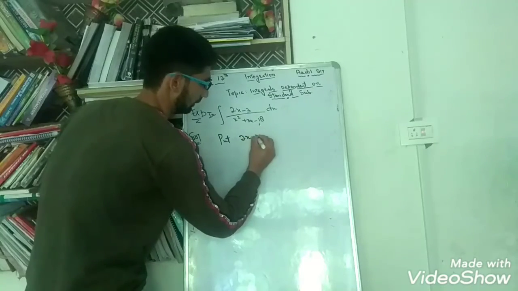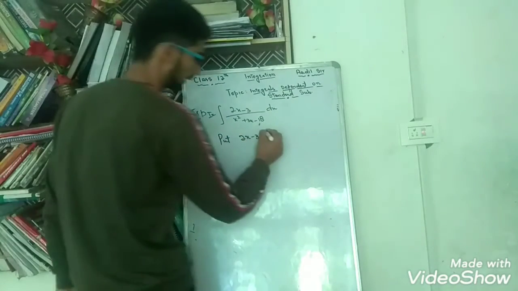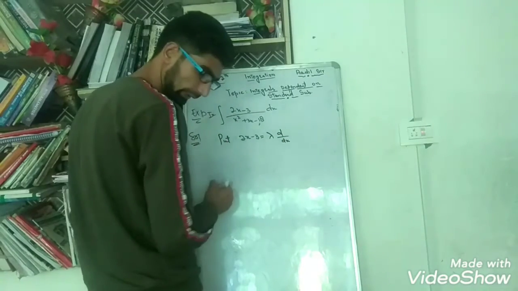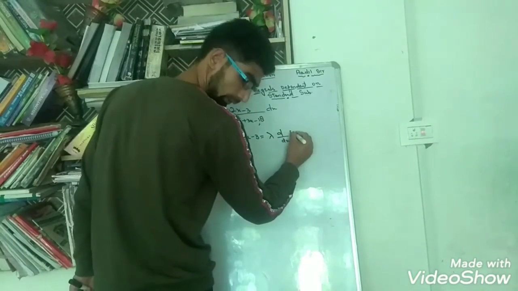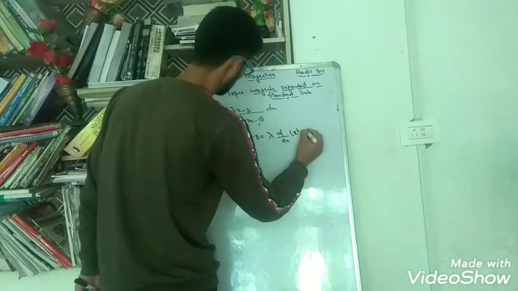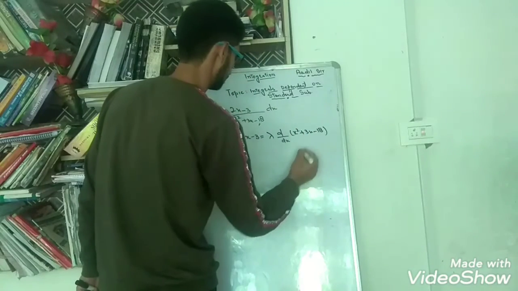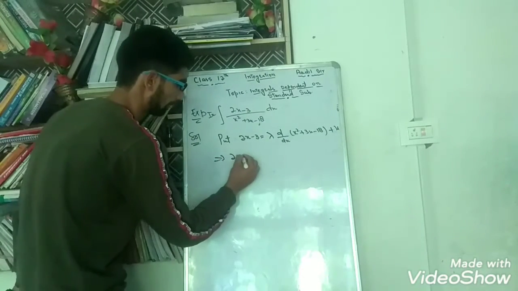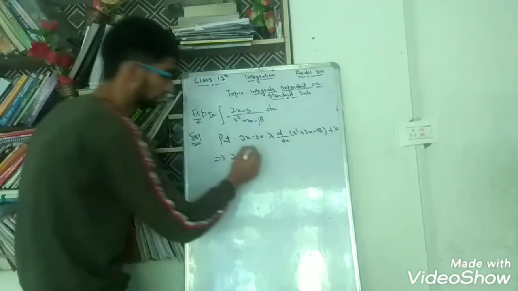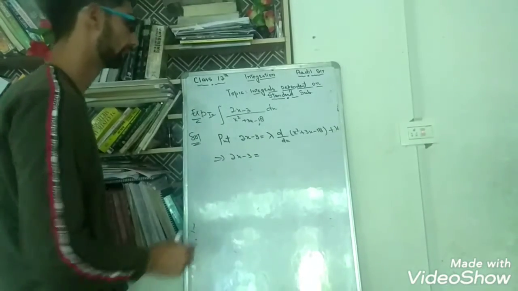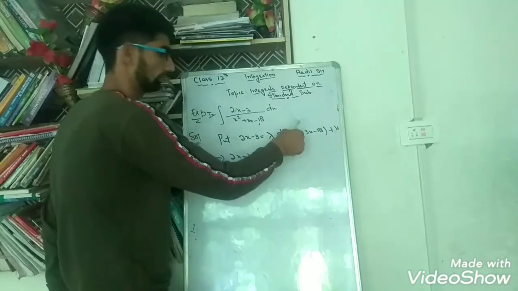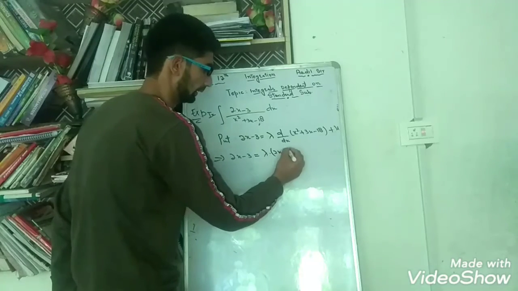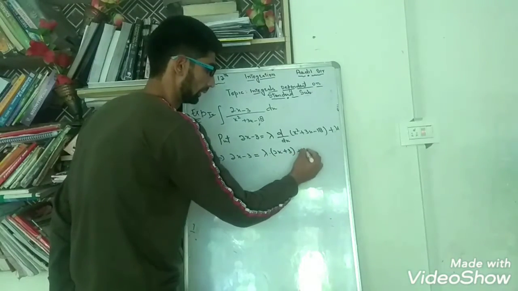Put 2x minus 3 equal to lambda times the derivative d by dx of the denominator, plus mu. So 2x minus 3 equals lambda times the derivative of x square plus 3x minus 18, which is 2x plus 3, plus mu.